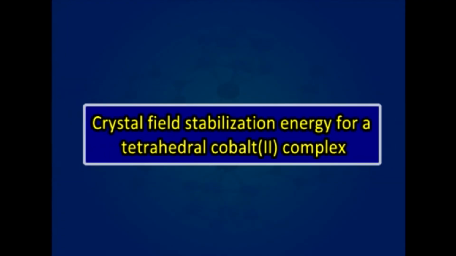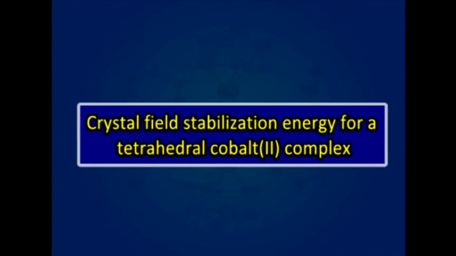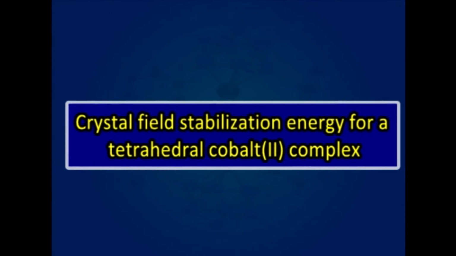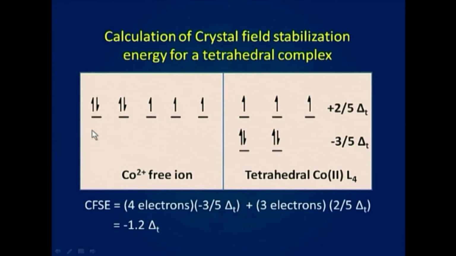Let us calculate the crystal field stabilization energy for a tetrahedral cobalt 2 complex. You know that cobalt 2 is a d7 ion. The electronic configuration of the free ion and the tetrahedral complex are shown here. Here you can see the electronic configuration of cobalt 2 plus in the free ion, and here the electronic configuration of cobalt 2 plus in the tetrahedral field.